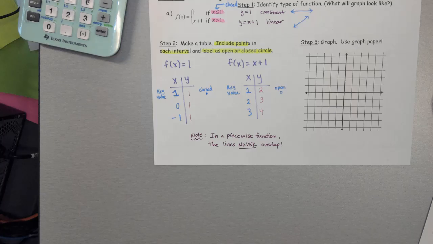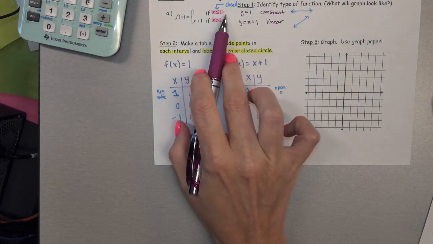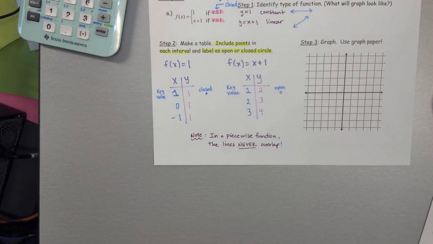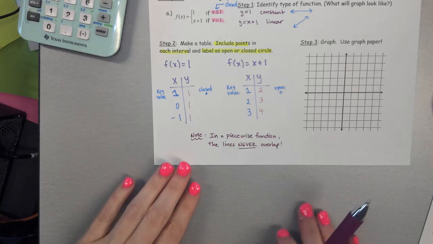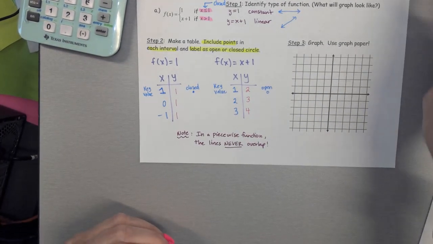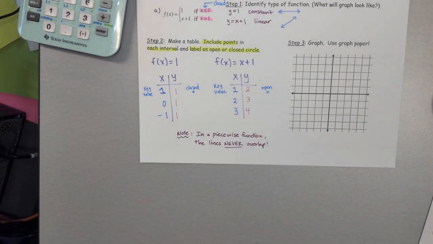They're never going to be on the same interval. It can only be one equation for these values of x, one equation for these values of x. The only thing that would possibly overlap is an open and a closed circle, and we'll investigate that in the next case. All right, so let's go ahead and graph.